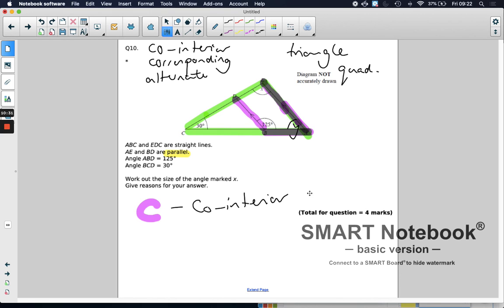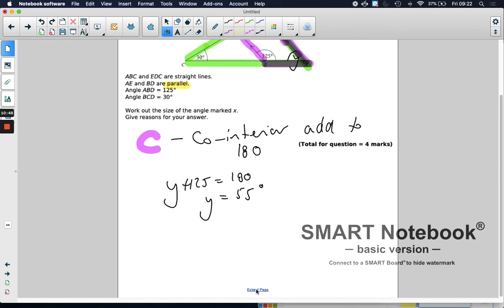Co-interior angles add to 180. So that means that y plus 125 needs to equal 180, so y is equal to 55 degrees.